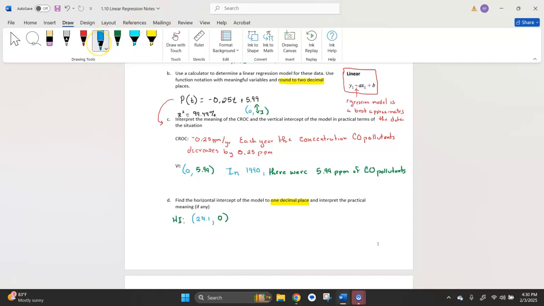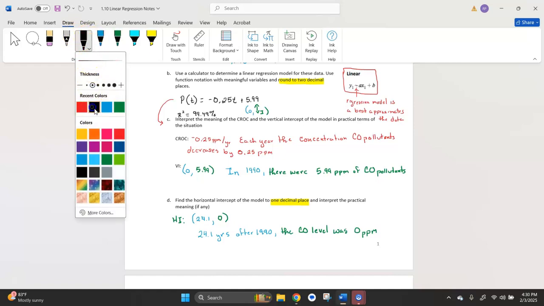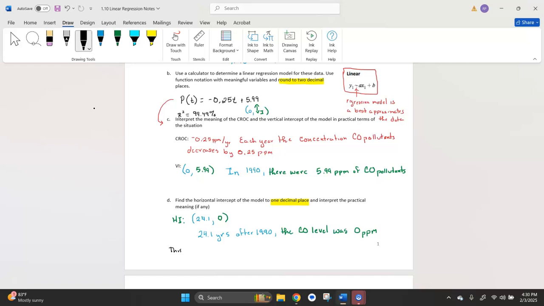And so 24.1 years after 1990, the CO level was 0 parts per million. However, this is not practical because there will always be pollutants.